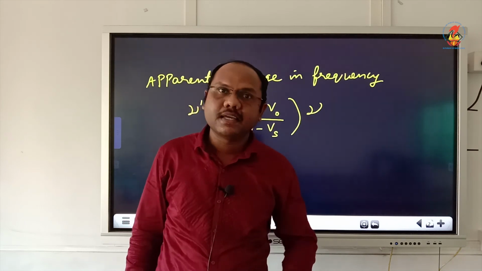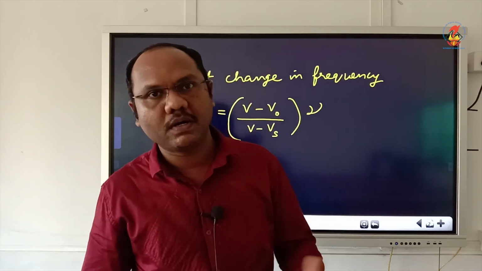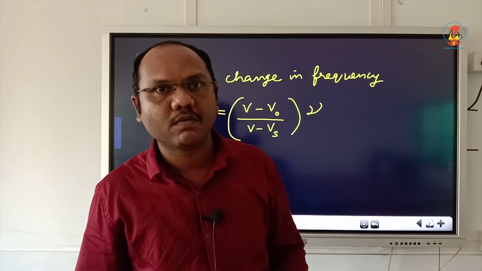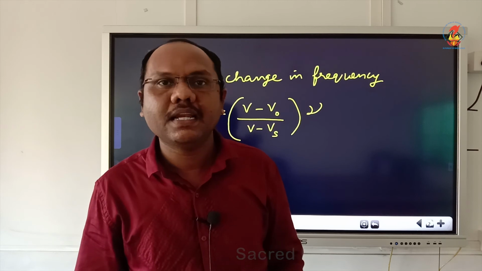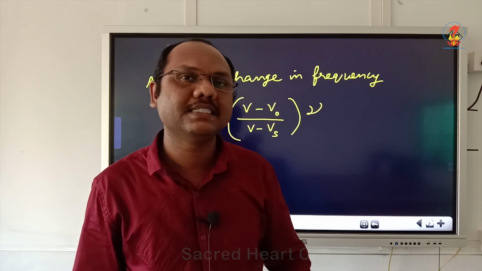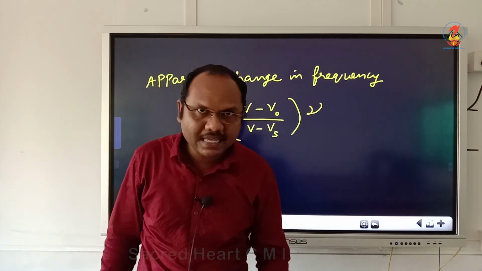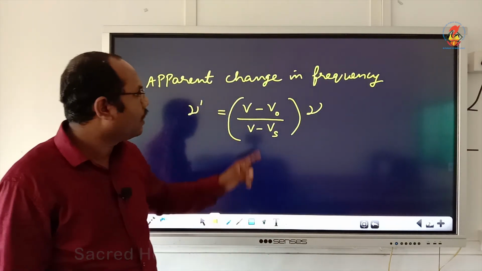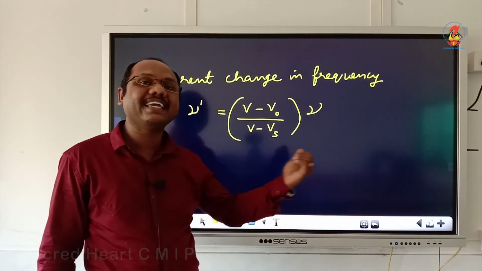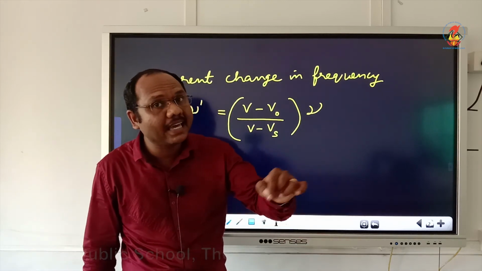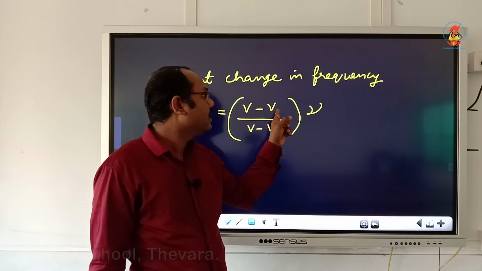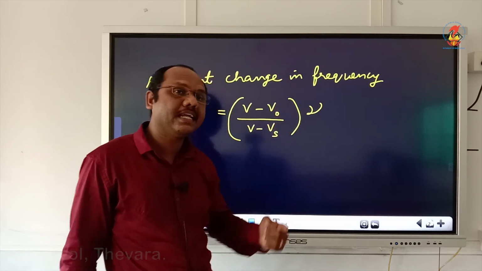But if either the observer or the source is moving opposite to the direction of the sound, then that velocity is taken as negative. For example, if the observer is moving against the direction of sound, then VO should be taken as negative.